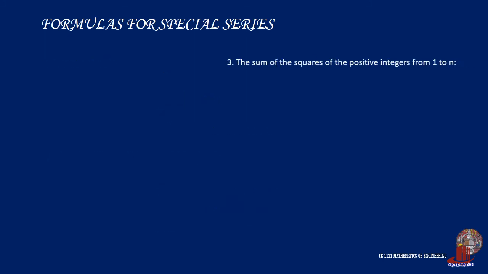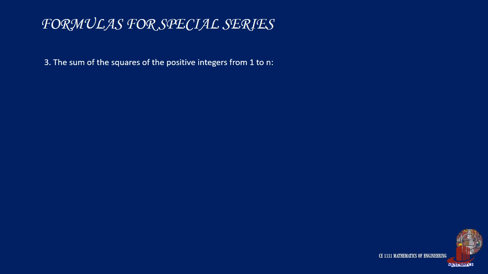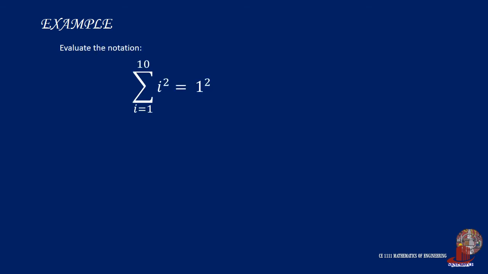The last formula for special series states that the sum of the squares of the positive integers from 1 to n will be taken as one sixth of n times n plus 1 times 2n plus 1. Let's evaluate the notation for the square of i until the 10th term, or the nth term, where i starts with 1.